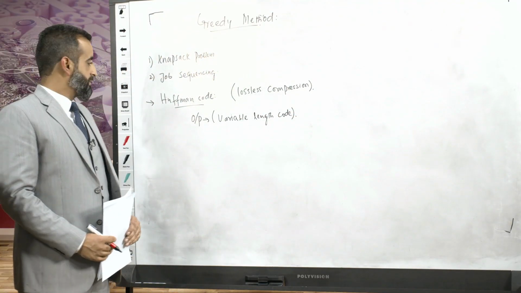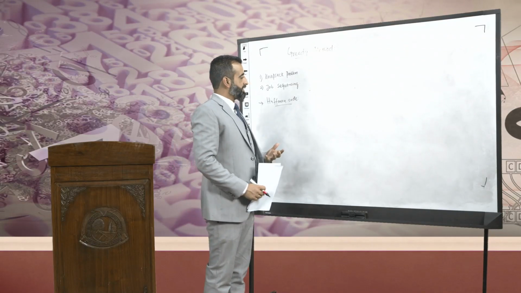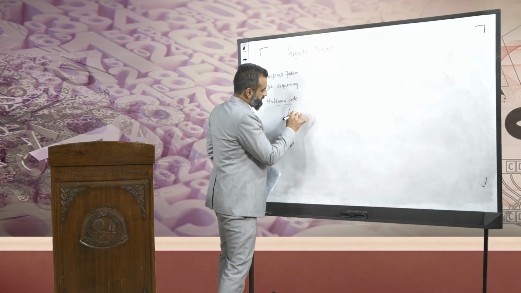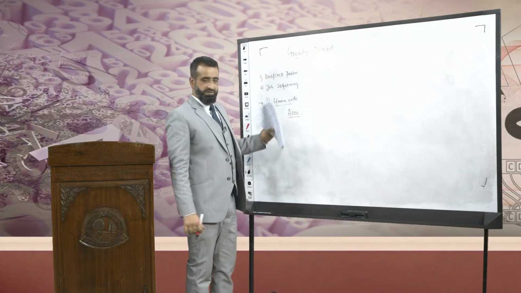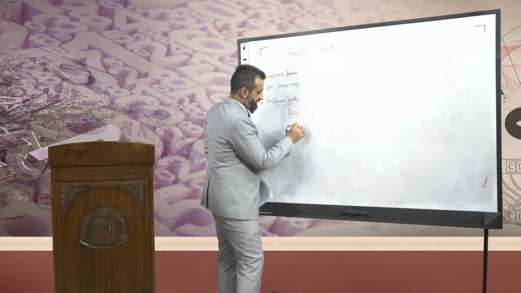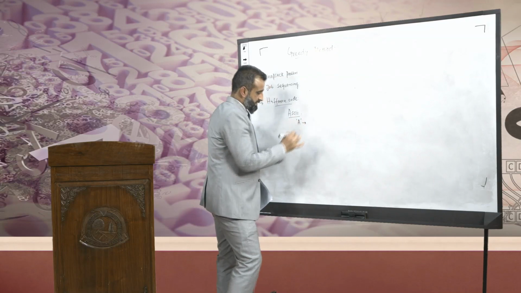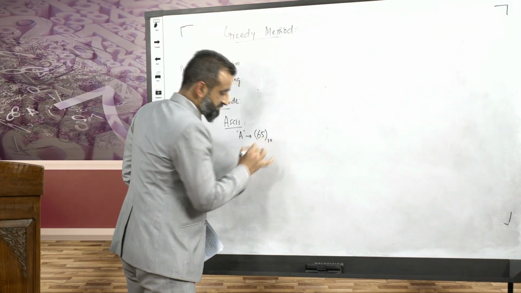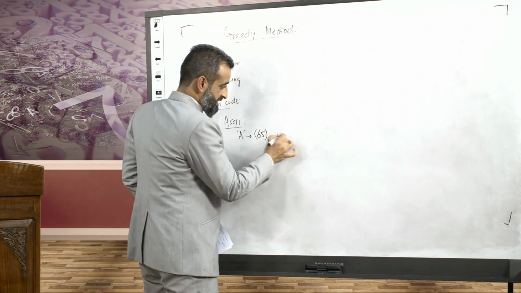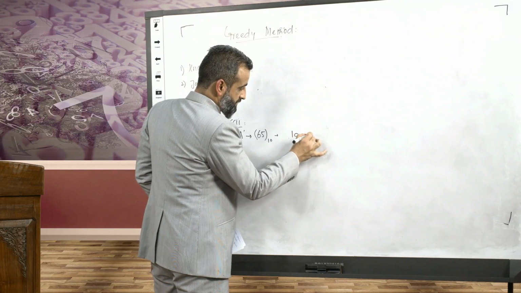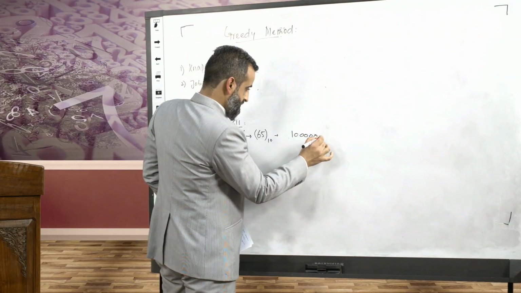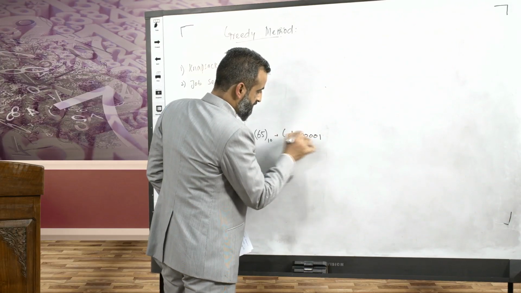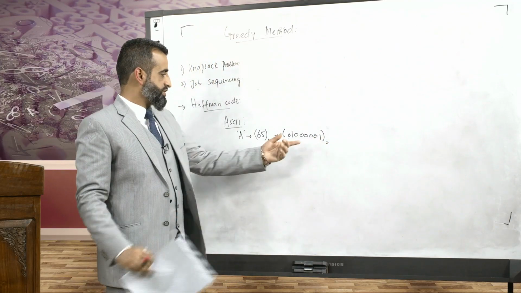The normal convention of storing these files is by using ASCII values. These are 8-bit values. Say, for example, if you have a capital A, the ASCII representation of a capital A is 65 decimal, and the binary of this is 1000001.